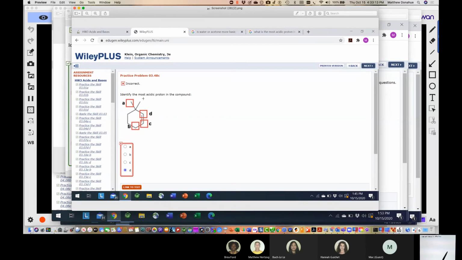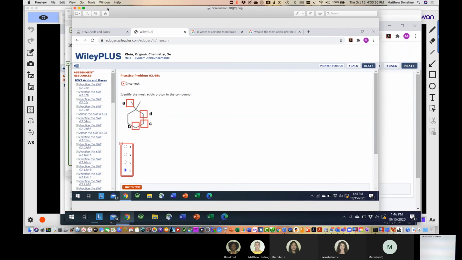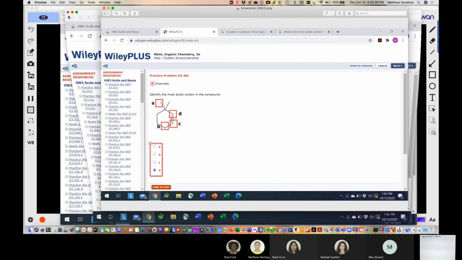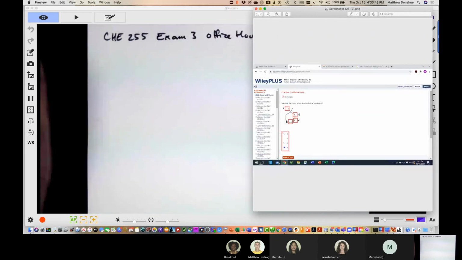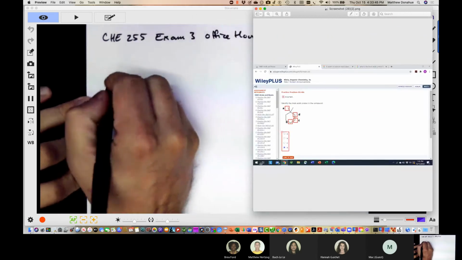So it says, identify the most acidic proton in the compound. So you're given your choices A, B, C, and D. So the acidity trend that we learned, maybe I will try to do both here. So you can see the prompt and you can see me writing.